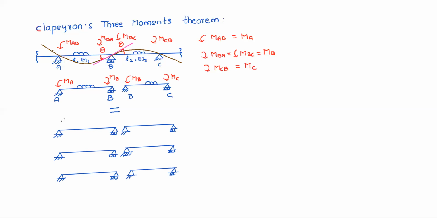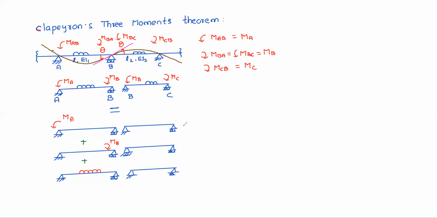Just apply MA once, just apply only MB, and just apply only the external load. Same loading: MA, MB, external loading, three things are there. We are applying MA separately, MB separately, and loading separately, and finally we are adding all these things.